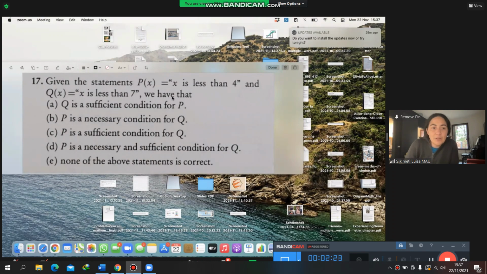And so with these two statements, which one of them implies the other? Does one of them imply the other?